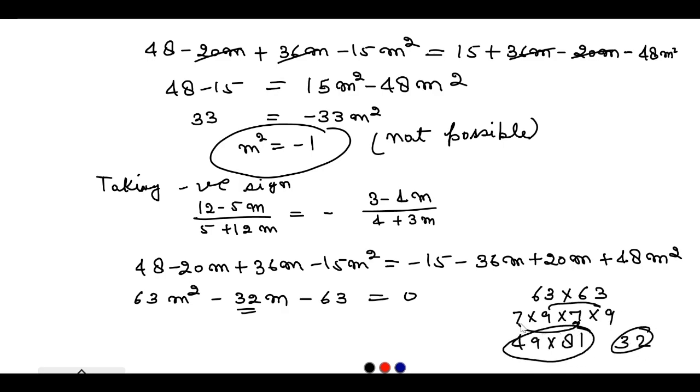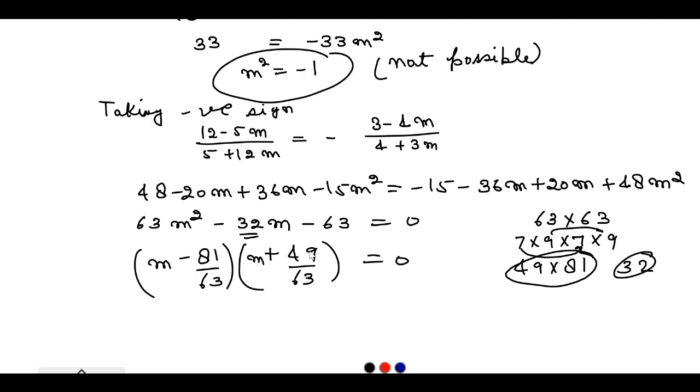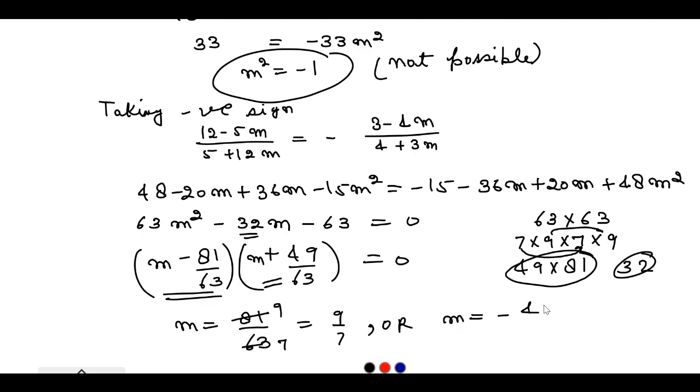Required numbers are 81 and 49. Factors of this quadratic equation are (M minus 81 upon 63) and (M plus 49 upon 63). If this is 0, then M is equal to 81 upon 63, means 9 by 7. And if this is 0, then M is equal to minus 49 upon 63, means minus 7 by 9.